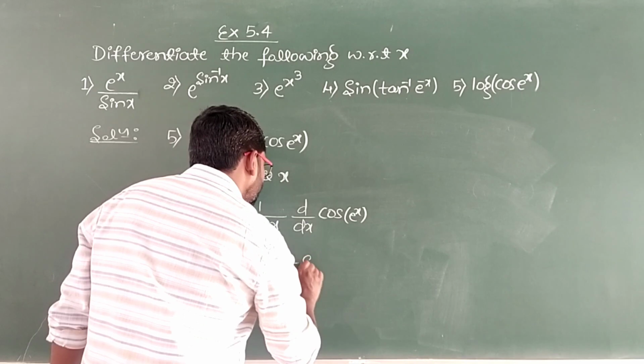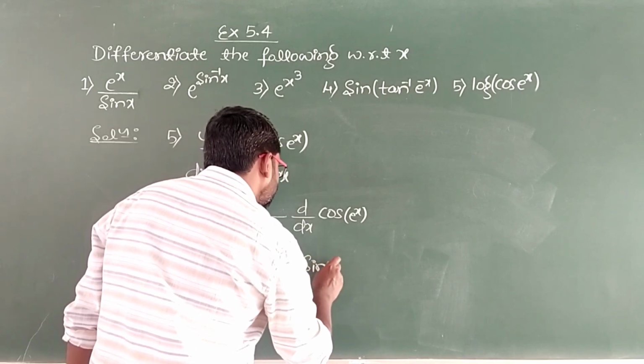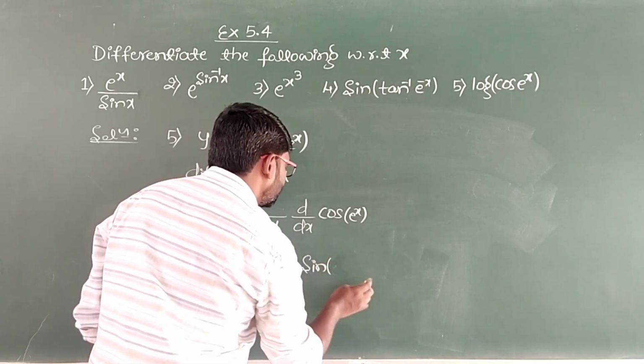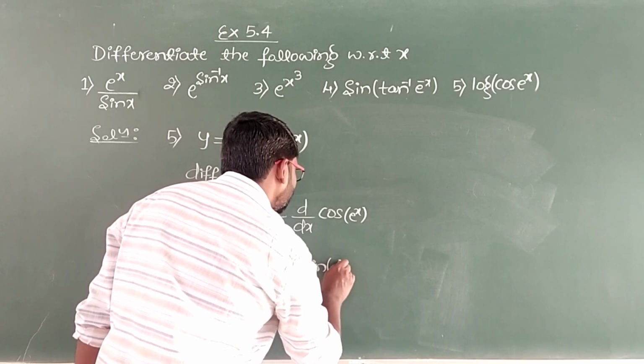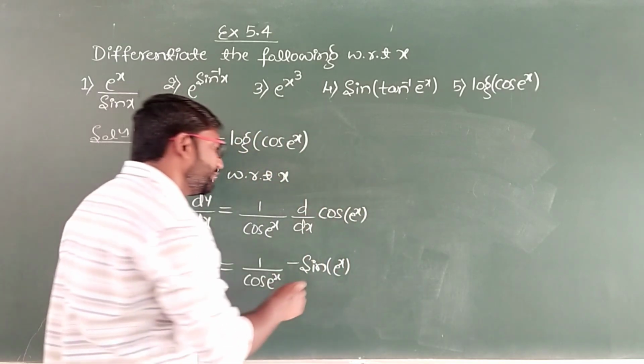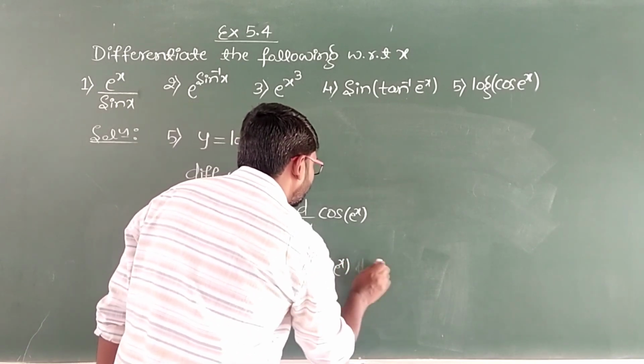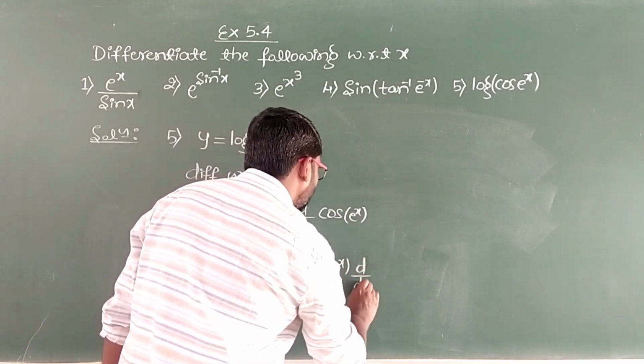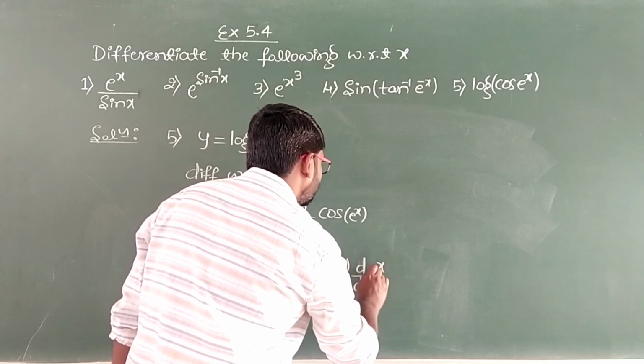So we have minus sin x. The derivative of e power x is e power x. So it is e power x. Now the derivative of this inside function once again, into d by dx of e power x.